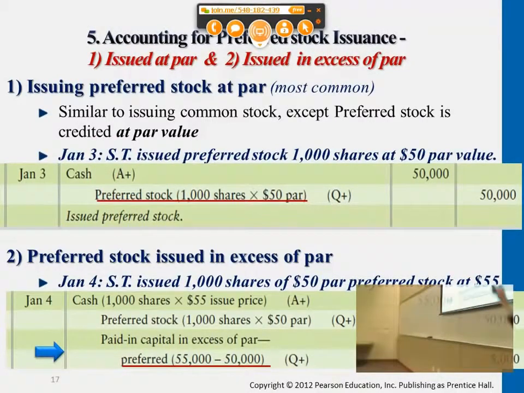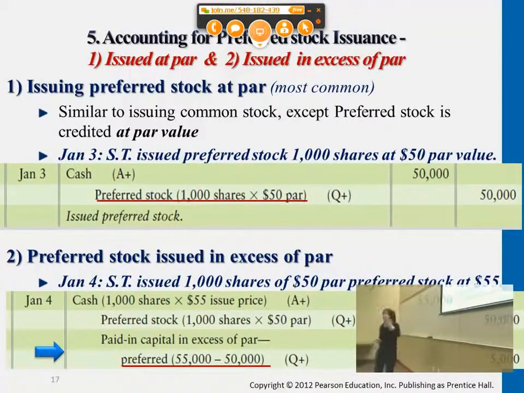Okay, so here's an example if we issue preferred stock at the par value, assuming par value is $50. So again, another difference is that par value of preferred stock is oftentimes higher than common stock's par value. So let's say we issue 1,000 shares times $50 as the face value, then you're collecting $50,000 of cash issuing preferred stock. So that's the first journal transaction.